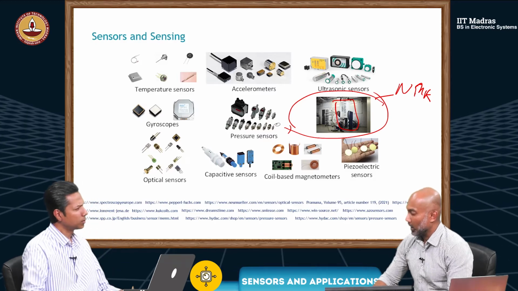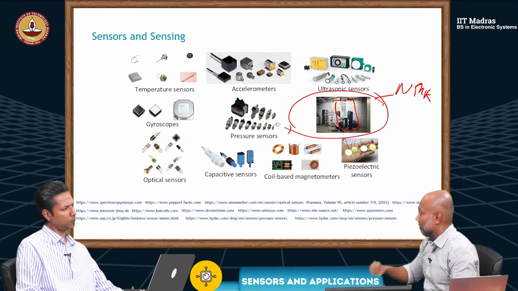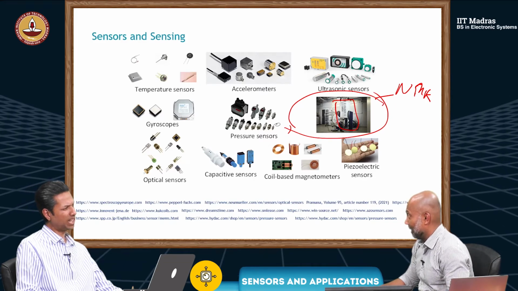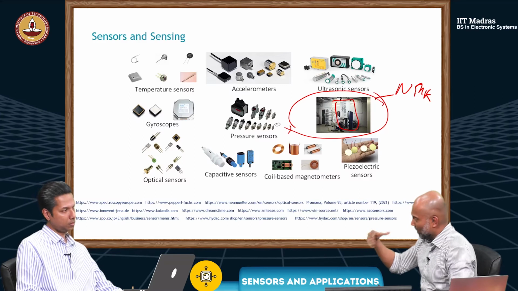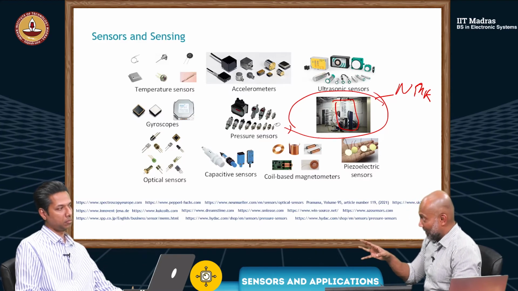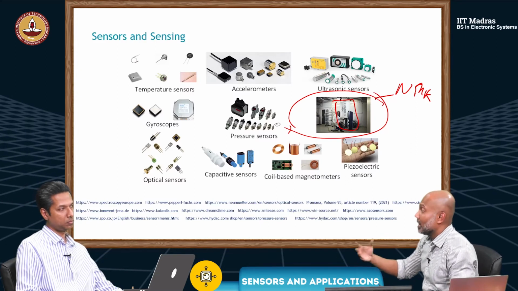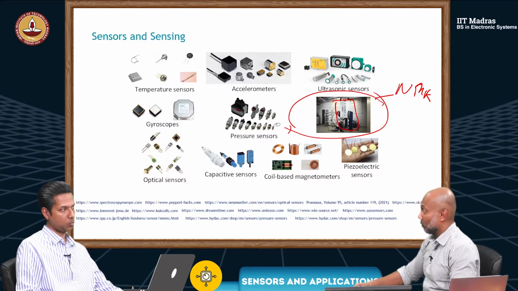It basically looks at the spin of electrons and works based on that. But the key point here is the operating principle. Depending on the operating principle, a sensor could be quite large.